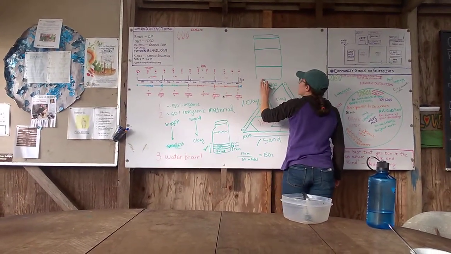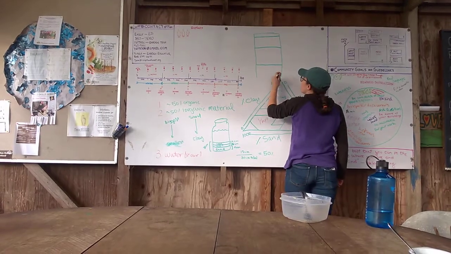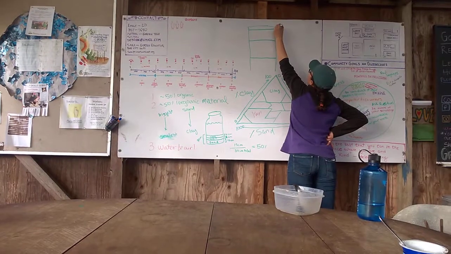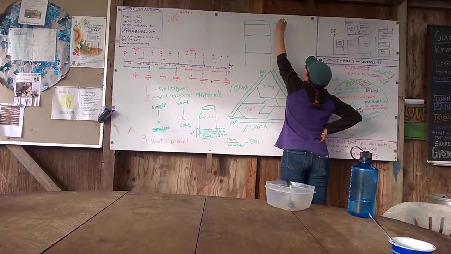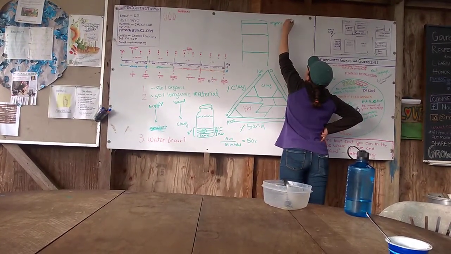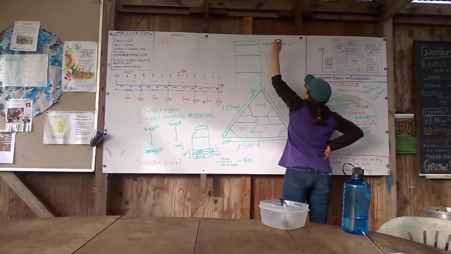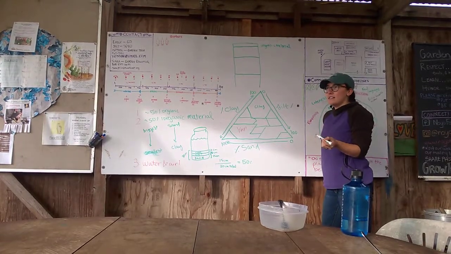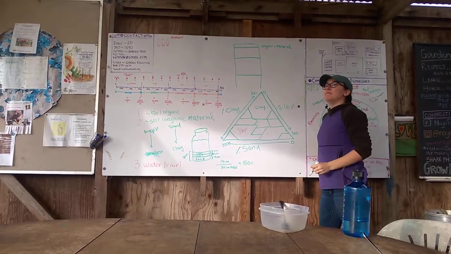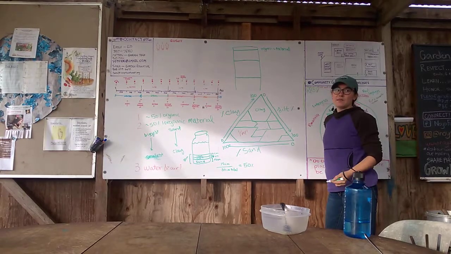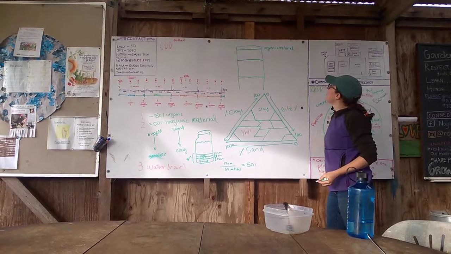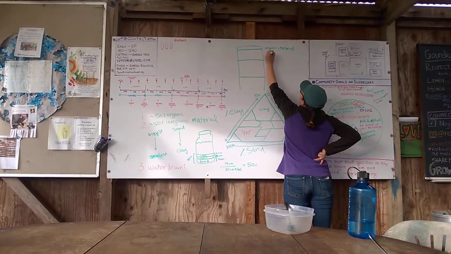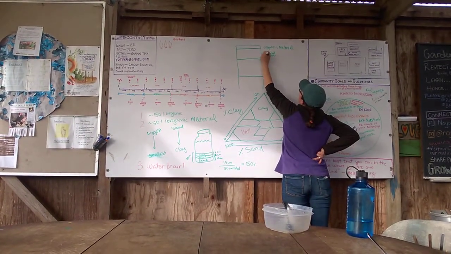This is organic material on top. So that's like plants dying, decomposing. When we put mulch down, it's mulch, stuff like that. Then this is topsoil. This is the really important layer.